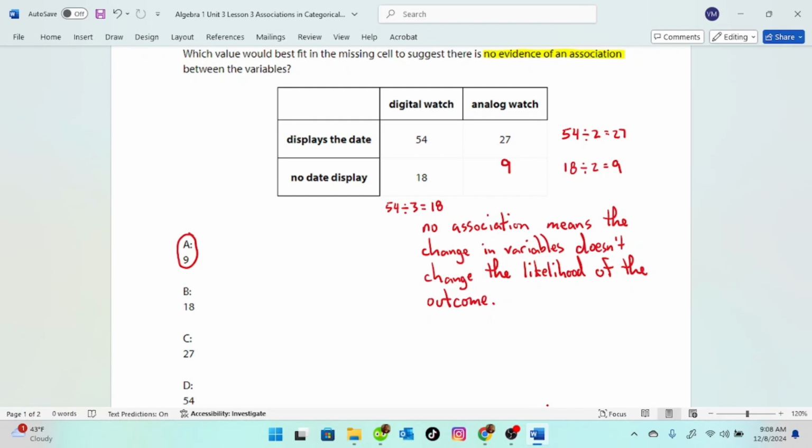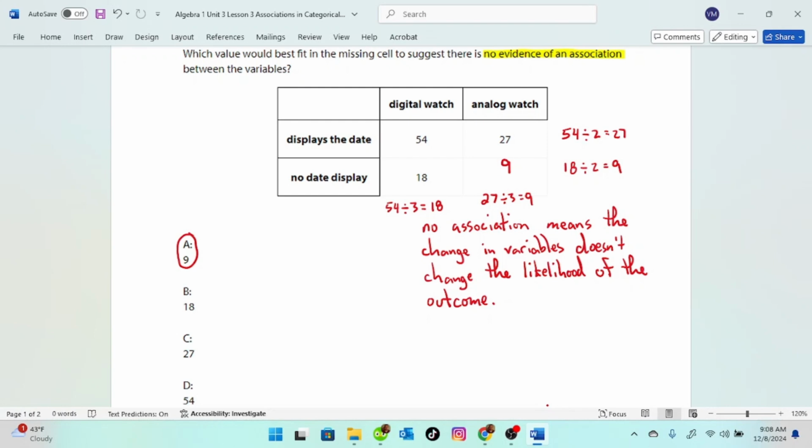Well, if I don't want an association, then my analog watches should be 3 times as likely to display the date as they are to not display the date also. And when we try that, 27 divided by 3 also equals 9.